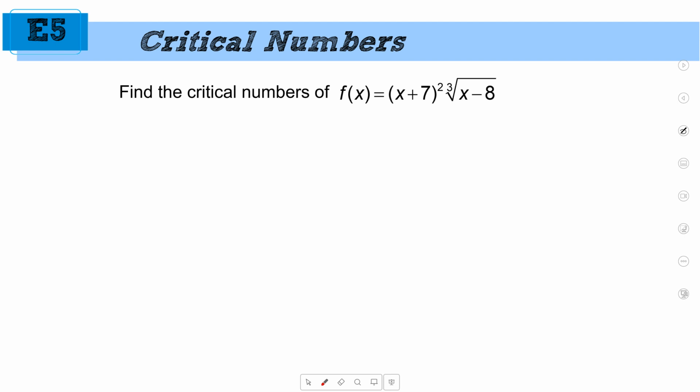Oh, it actually gets easier. Actually, it's not that bad. Which one did you do first? I'm not sure. It's like a whole product rule. So like x plus 7 squared times the derivative of this, and then plus the cube root of x minus 8 times the derivative of this. Actually, I'm so lost.